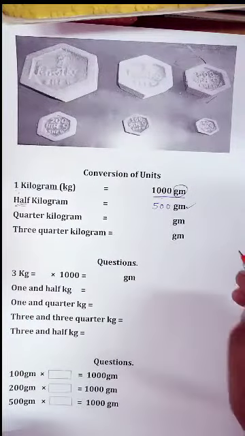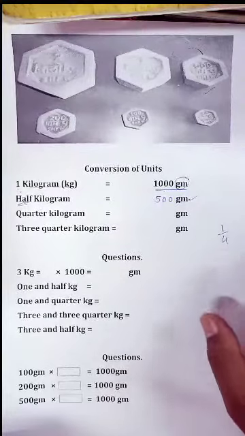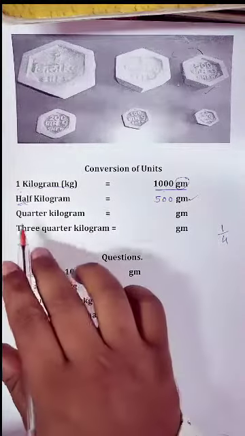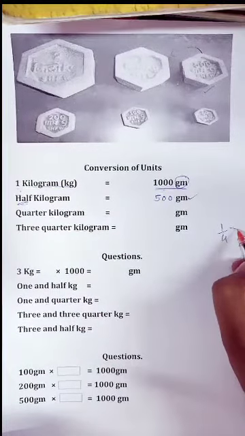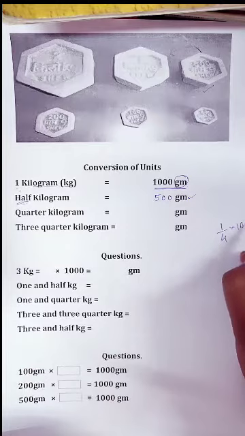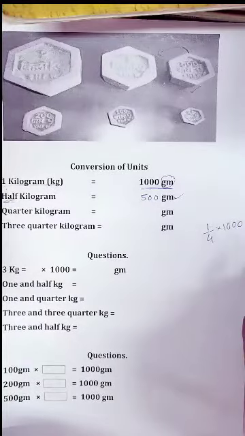Okay, so let's see quarter. As you all know, quarter means 1/4 part of any particular number. Now quarter of 1 kg. As you all know, 1 kg is equal to 1000 gram, so we have to take the quarter of that 1000.